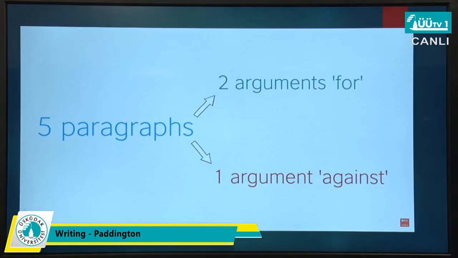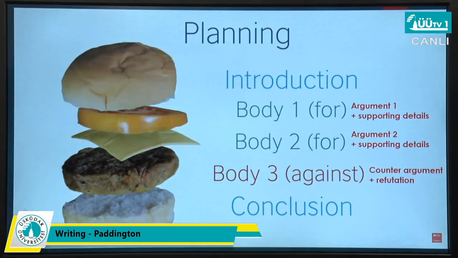Okay, and normally we have a 5 paragraph structure with 2 arguments for and 1 argument against. This structure is also known as a hamburger essay, hamburger argumentative essay, because it consists of introduction, 3 body paragraphs, and conclusion.